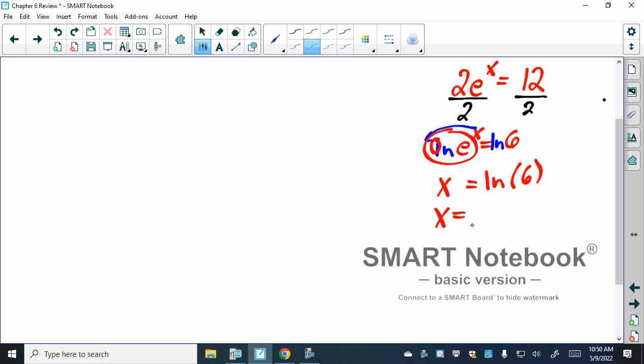Now, since x is by itself, we can type everything into the calculator, which is just ln of 6. And ln of 6 is 1.792 or 1.791759469. Either one works.